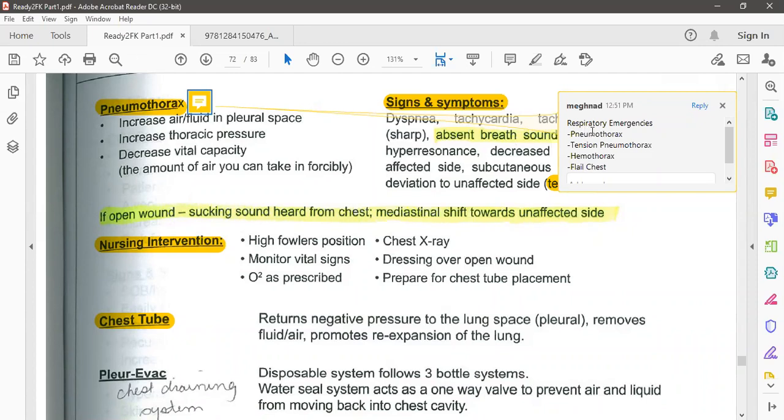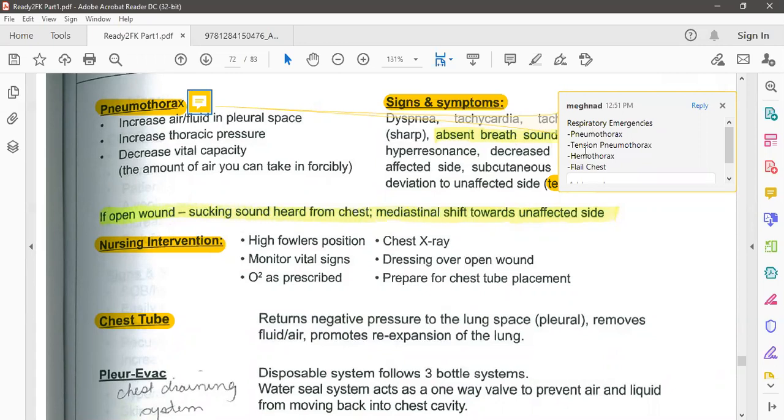First, pneumothorax. An easy way to explain: when there is air inside the pleural space, we call it pneumothorax. The medical terminology: when the lung is collapsed due to air in the pleural space, we call it pneumothorax. The key symptom is hyperresonance during percussion.